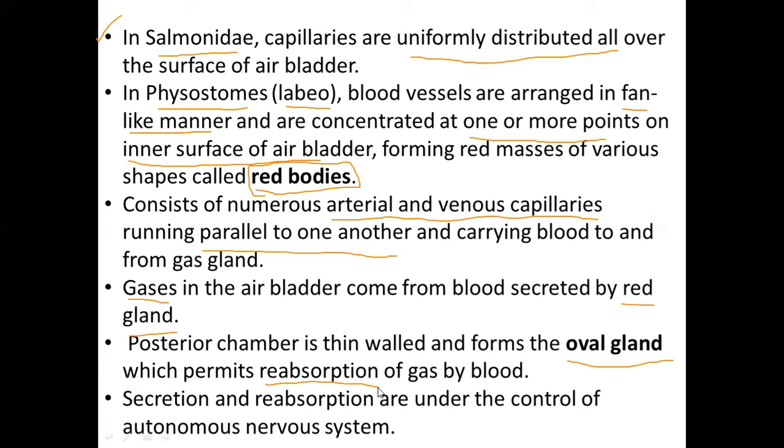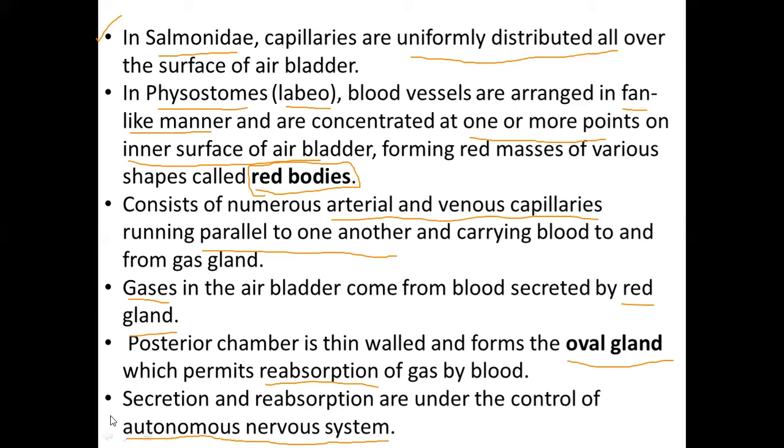Whenever the body of the fish needs an extra supply of air, the oval gland, which is posteriorly present, reabsorbs the gas into the blood. This secretion and reabsorption is completely controlled by the autonomic nervous system.